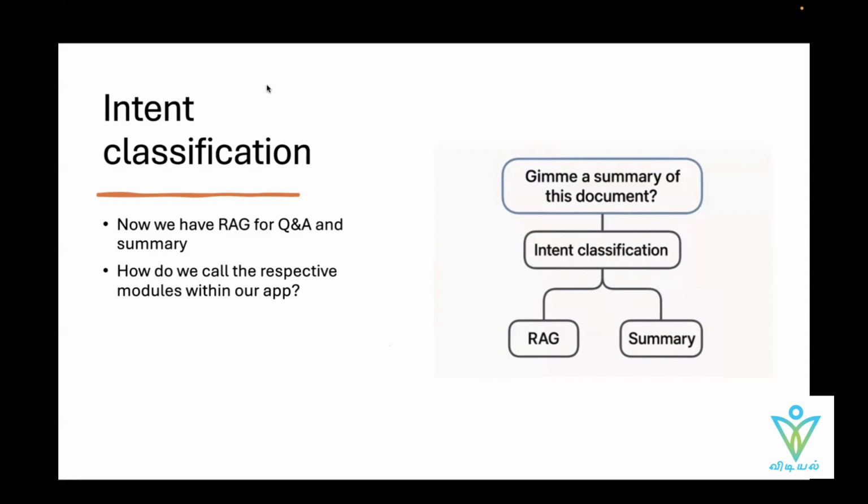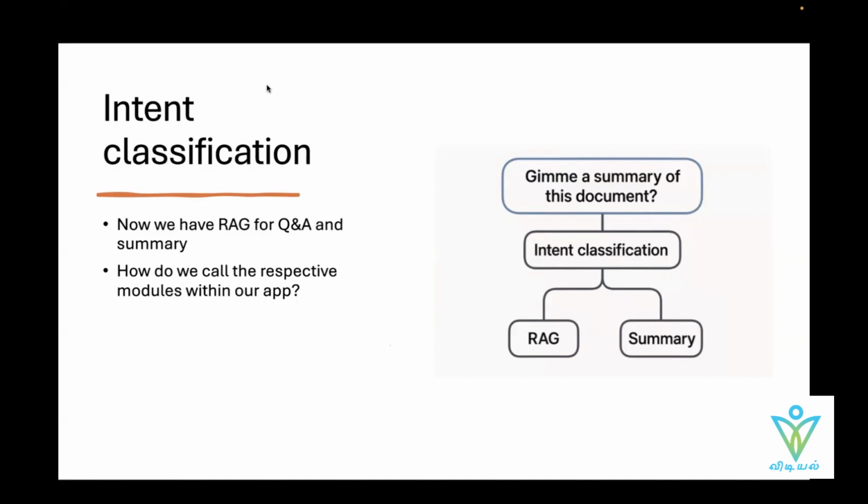If you are building an application that feels similar to ChatGPT, you will have to take care of all these details, because ChatGPT doesn't restrict you from asking a Q&A-based question. If you upload a document, you can ask a Q&A-based question, you can ask for a summary, all that. For the end user, it's completely abstracted. No matter what happens at the back end, for the end user it's just a chatbot.